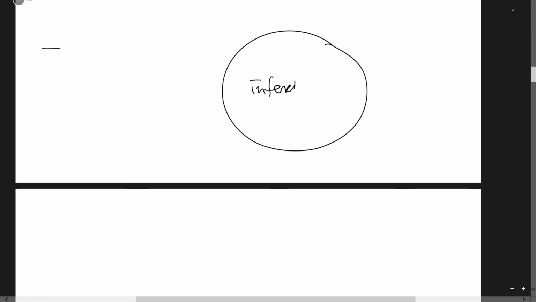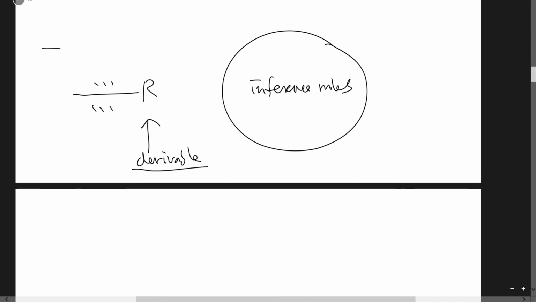An interesting property of a derivable rule is, let's say we have a system here, a system of inference rules. And according to this set of inference rules, let's say we have some derivable rule. This is derivable. Now, let's expand this system of inference rules with new inference rules.